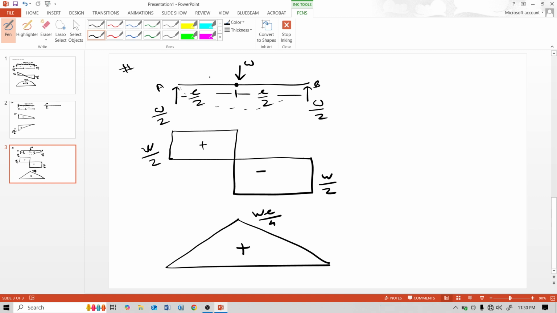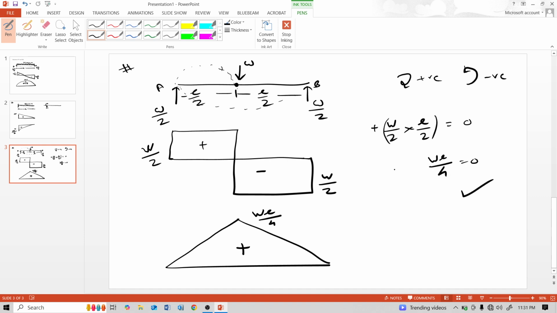See, this W by 2, consider clockwise moment positive and anti-clockwise moment negative. W by 2 into positive, W by 2 into this perpendicular distance, that means lever arm L by 2, and at this point, see, this force goes through this point like clockwise, that's why here positive, and here this W goes through this point, that's why lever arm 0, so not any bending moment acts on this point, equal to 0, therefore WL by 4.